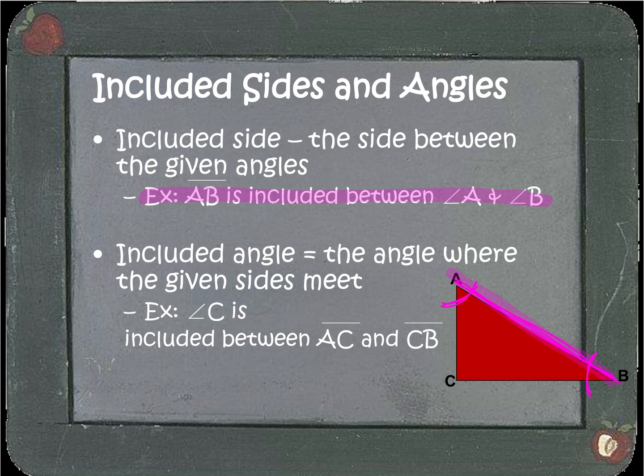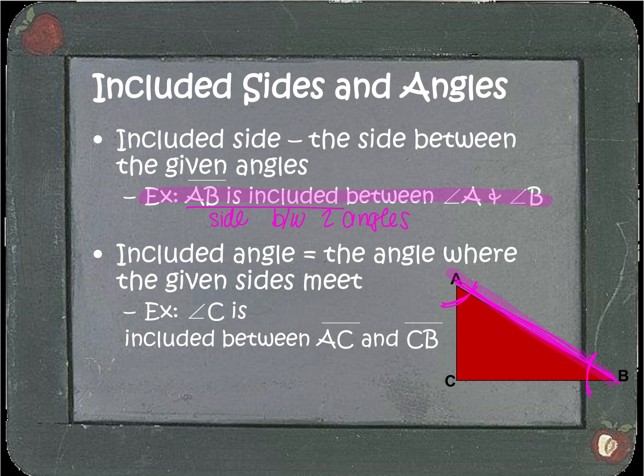What does this word mean, included? If you have a segment that is included, it just means the side between the two angles. Okay, the side between the two angles. Can we all see that? It's a little difficult to see.